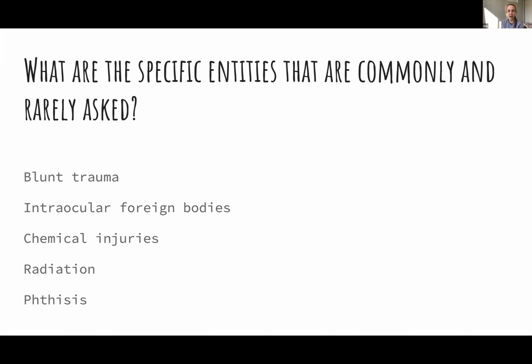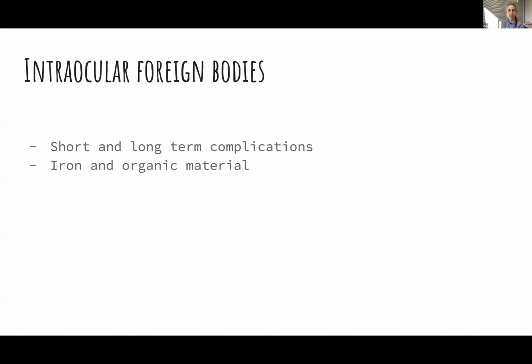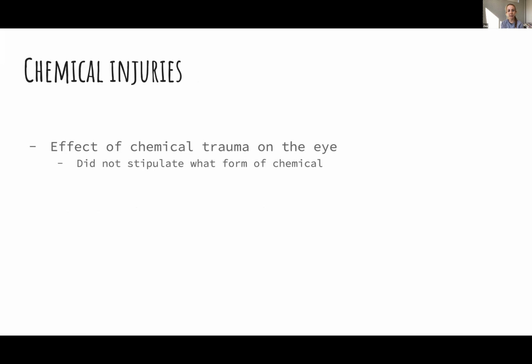And so I've gone through each one to describe what specific tasks were asked in each one. For blunt trauma, they asked about the macroscopic and microscopic features and also the late complications. For intraocular foreign body, again, they talk about short and long-term complications, often specifically related to iron and organic material foreign bodies.